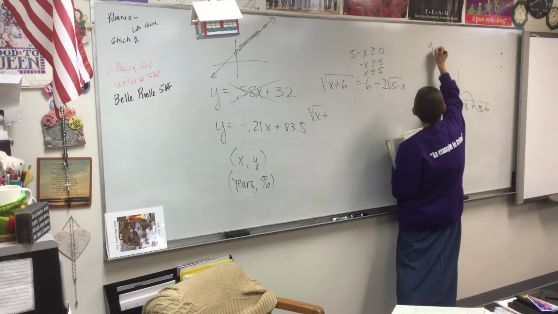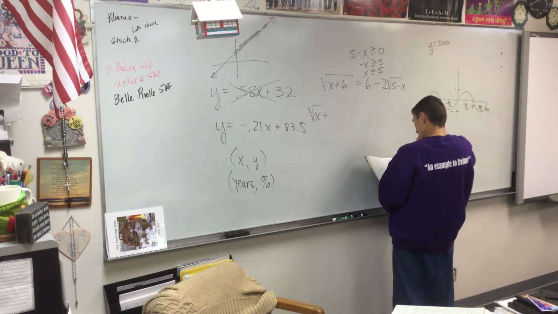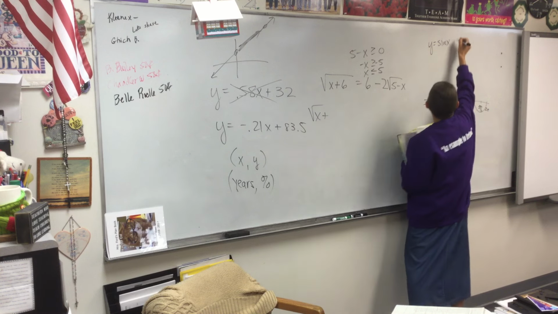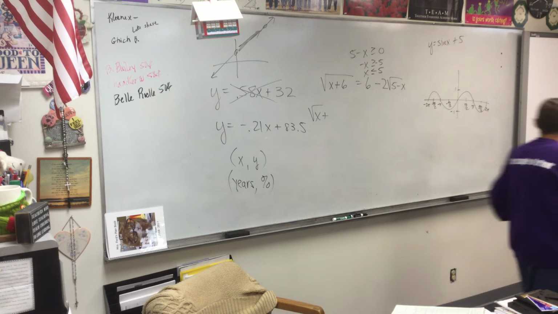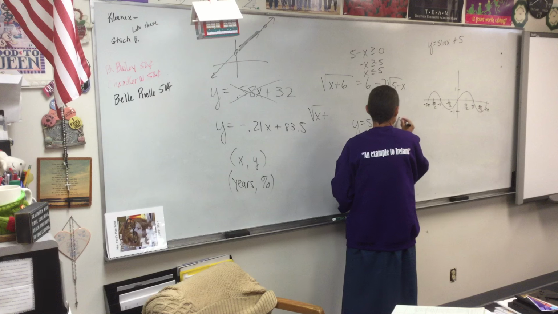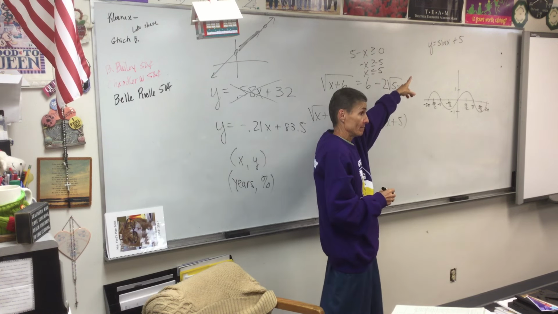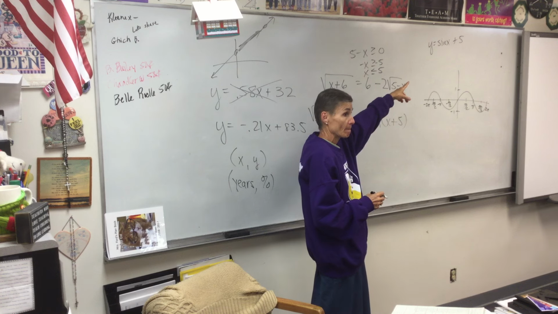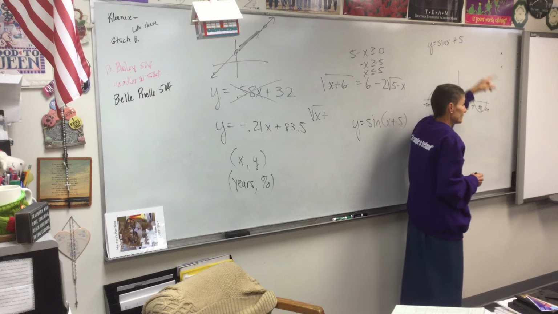Now, we want to take that sine curve and add 5 to it. Now notice, it doesn't say this. That would be something different, right? What does that mean? What do you do with a plus 5 on the end?